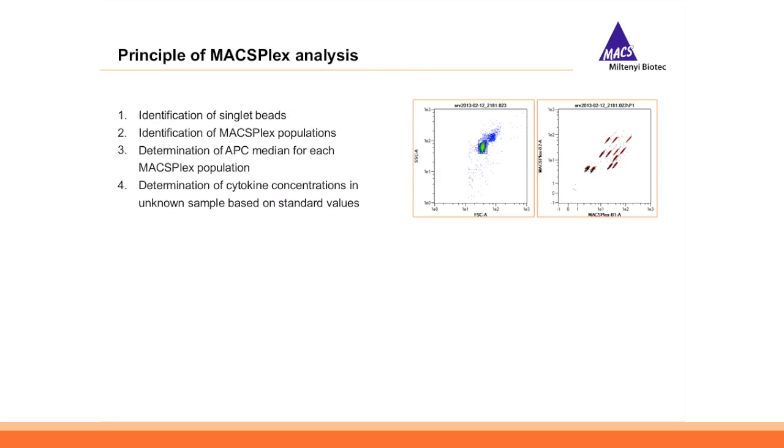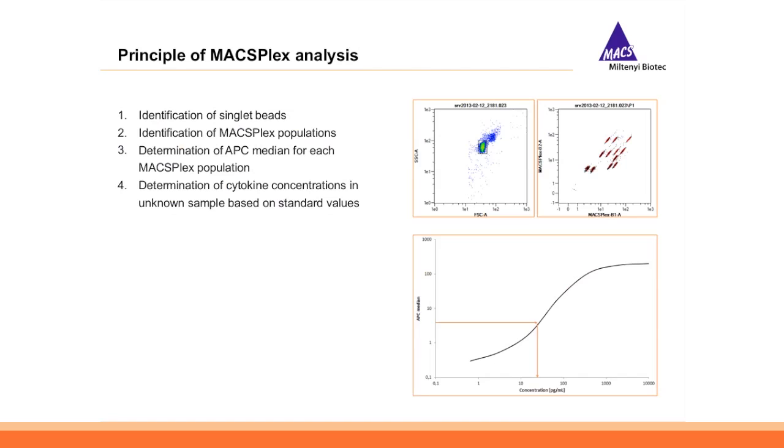And then the third step is to determine the APC medians for each MACSPlex population. And you have the MACSPlex standard positions, therefore you get the standard values, and based on these standard values, you can determine your cytokine concentrations in your unknown samples. And now I'm going to show you how easy everything is when you use our MACSQuant Express Modes.